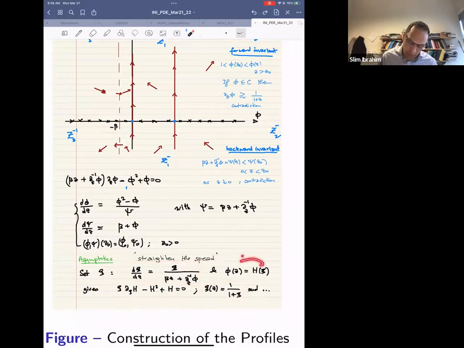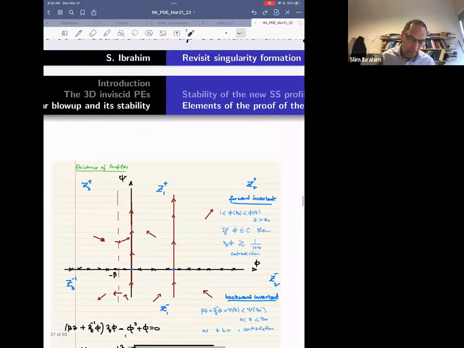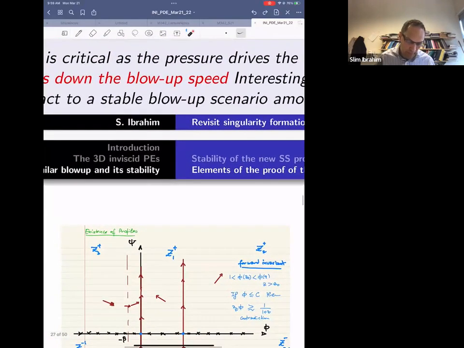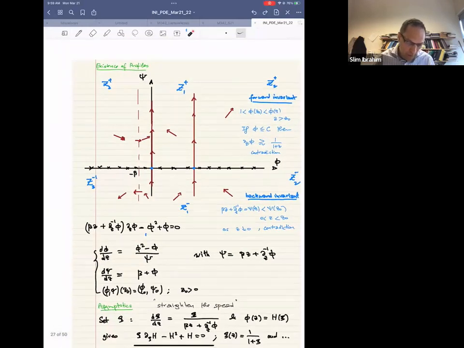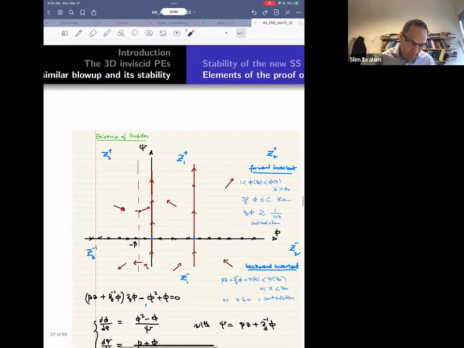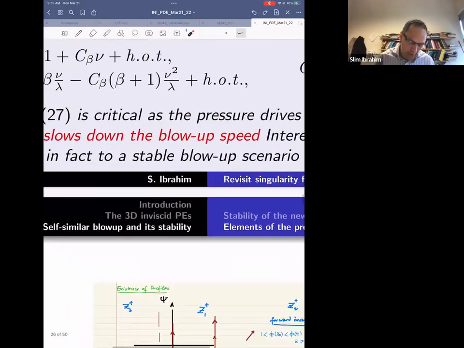Then we transfer this information on H to the corresponding information on phi. And we get exactly the asymptotics here. I don't know why the slide is not showing.